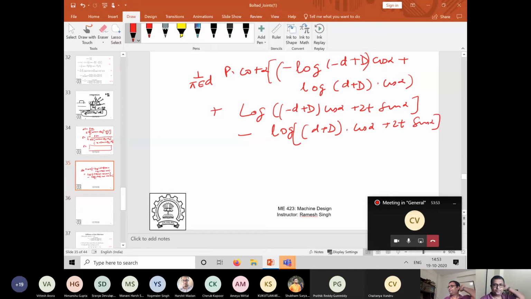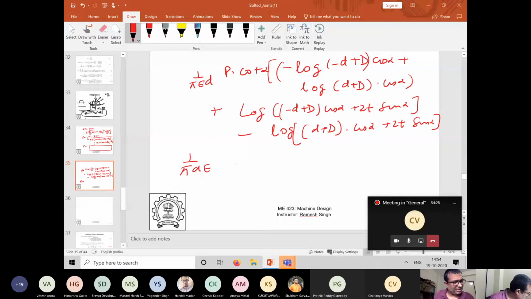You can simplify this. It's very simple to simplify. You can simplify this entire thing. If you do some stuff, you will basically get 1 over pi dE. You can very simply do log. If you sum log m plus n, it's a multiplicative thing.